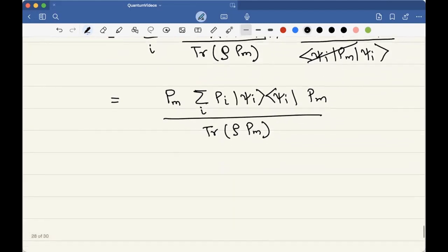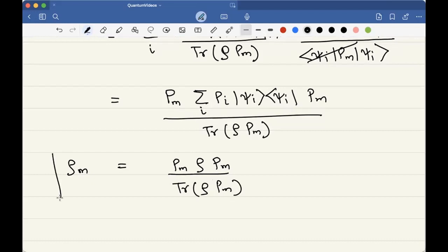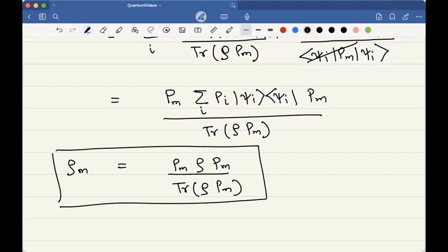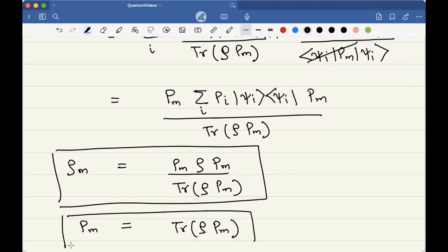So this is therefore going to be PM rho PM, the post measurement state if measurement outcome m was obtained, over that, and the probability of getting measurement outcome m, as we saw, was trace of rho PM. So these two are equal.